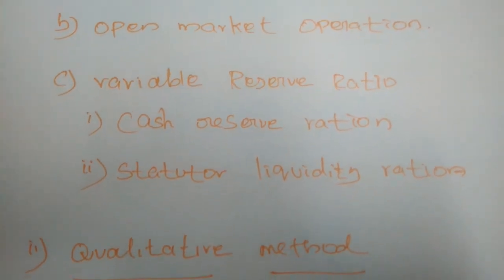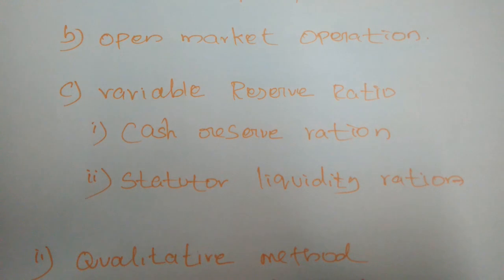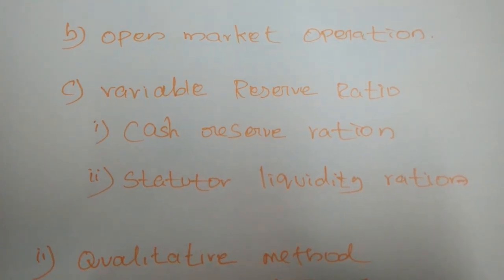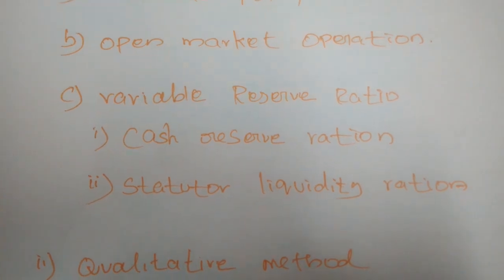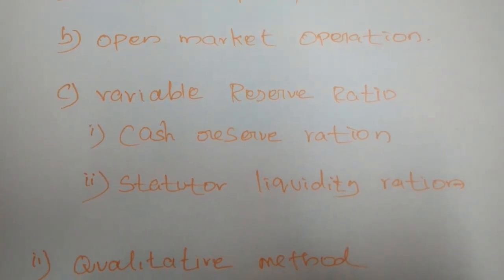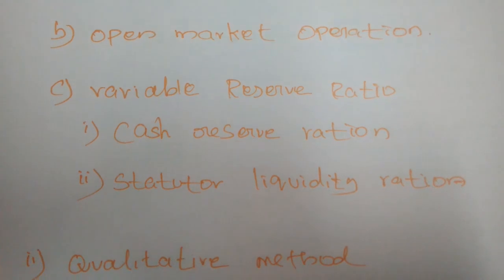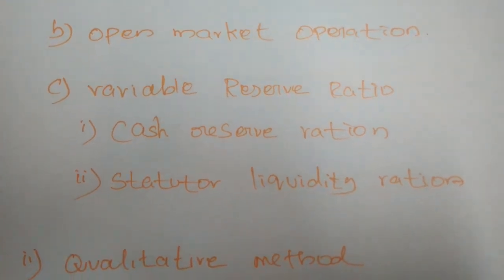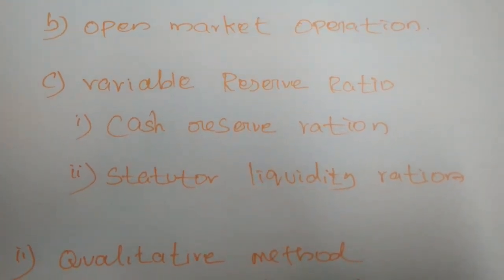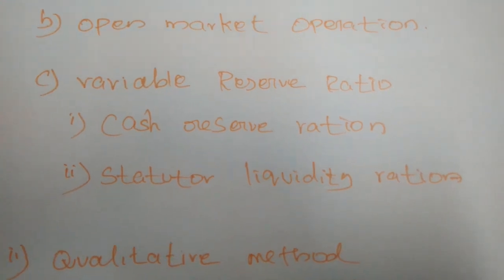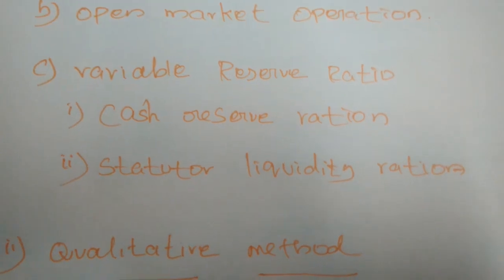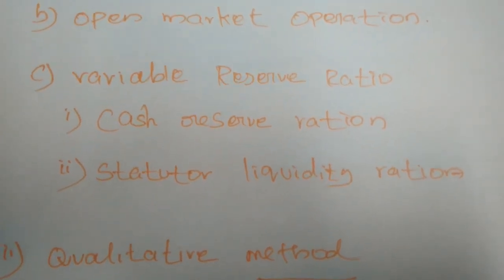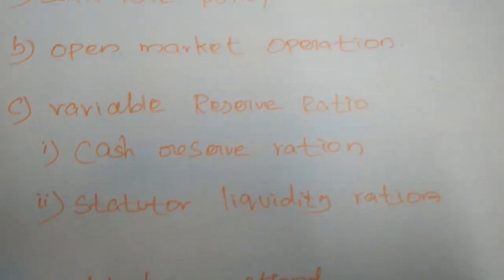So variable cash reserve ratio is an objective of monetary policy. It was first followed by the Federal Reserve System, J.M. Keynes. If the cash reserve ratio is high, the commercial bank's capacity to create credit will be less, and if the cash reserve ratio is low, the commercial bank's capacity to create credit will be high.